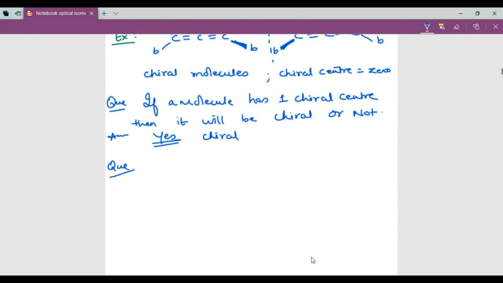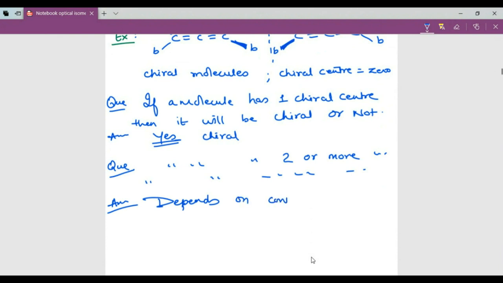If I repeat the above question, if a molecule has two or more chiral centers, will it be chiral or not? Then my answer will be: it depends. It could be, it could not be. If it has two or more chiral centers, then it could be chiral, that is non-superimposable on its mirror image, or it could be not chiral. It depends on the configuration of those chiral centers.